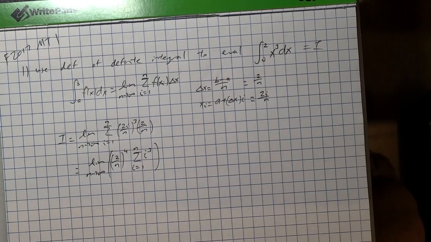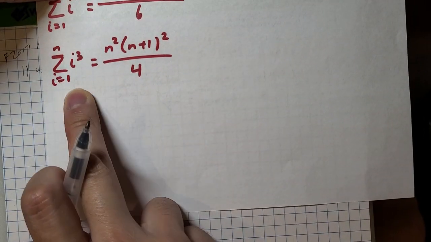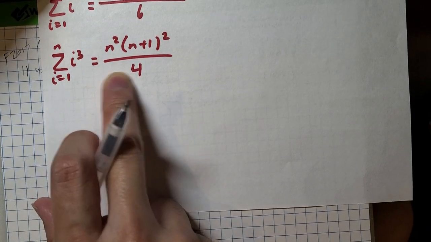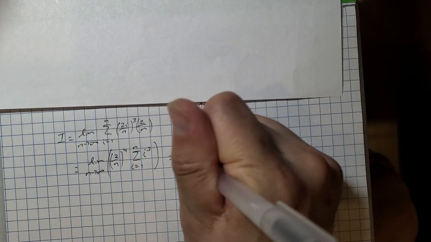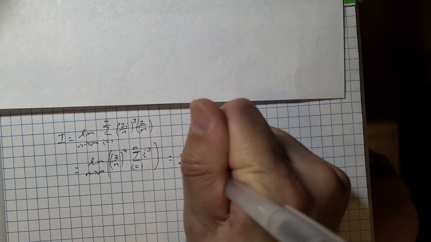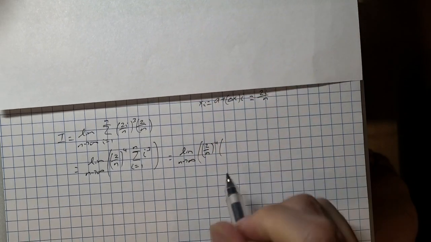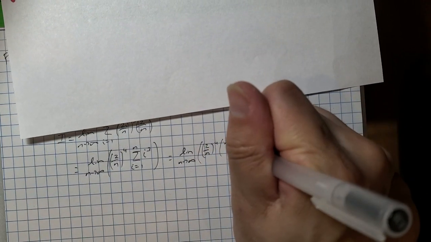Here we use our lookup charts, formula table, whatever. That's n squared times (n plus 1) squared over 4. So we write this as the limit as n goes to infinity of 2 over n to the 4th times the summation, so we plug in.